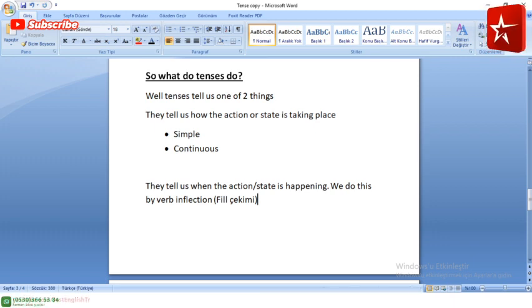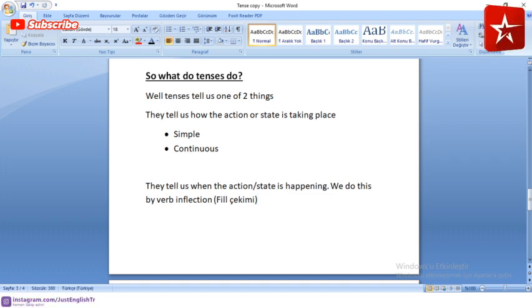If we look at a past simple example, he walked to the shops. There we have used the suffix -ed to show that this is a past action. In the present simple, he walks to the shop every day. There we've used the base form of the verb, which shows us that this is a present action.